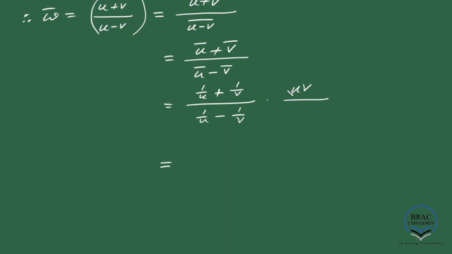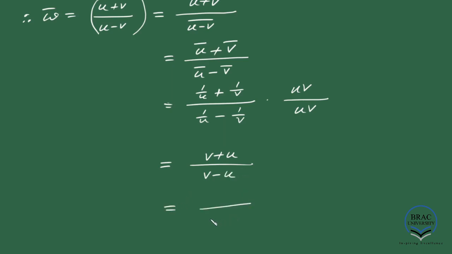Then you see u and u will cancel each other out, and we're going to be left with v over here and u over here. So you multiply and divide by the same term. Then what we're going to get is v plus u divided by v minus u.